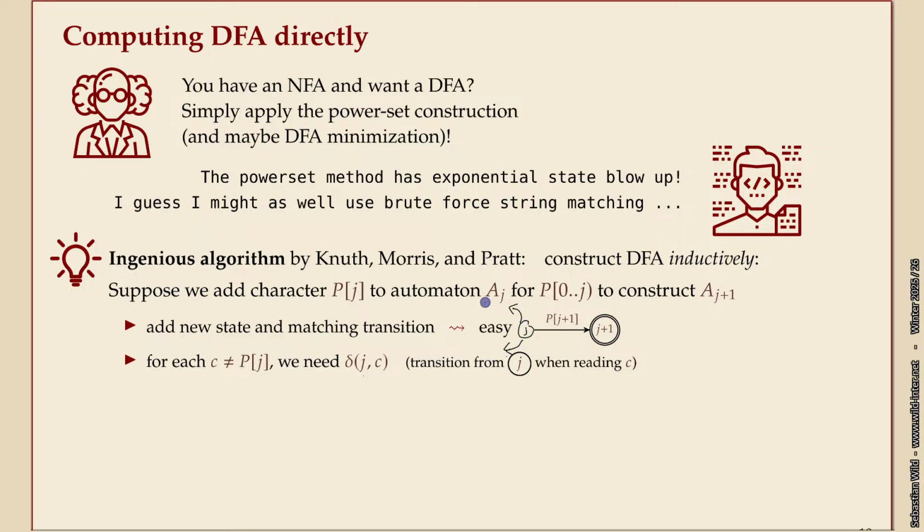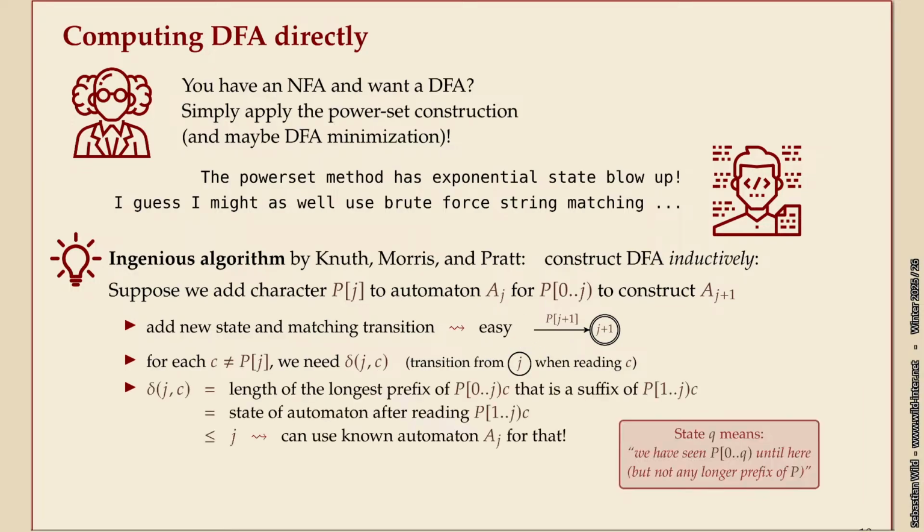That's the endpoints of these arcs in the diagram. That's what we have to compute. And it turns out you can inductively do this. All that you need to compute the target of this delta is already in the automaton that you constructed. And so you can bootstrap the automaton to find where you have to go.